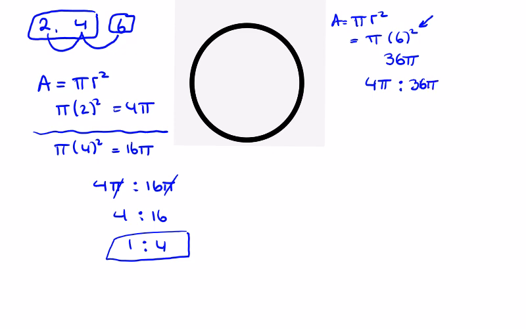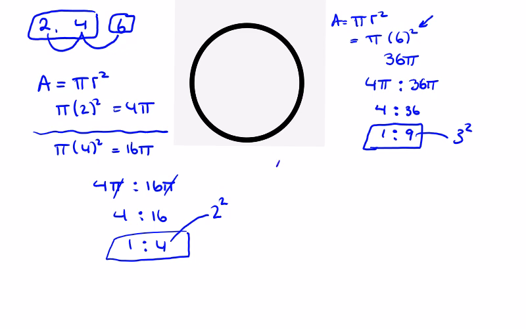So we're looking at 4 to 36, which is 1 to 9. And you can see here, 4 is 2 squared for the doubling, and 9 is 3 squared for the tripling.